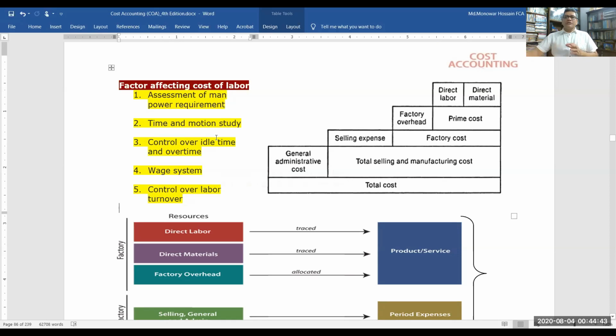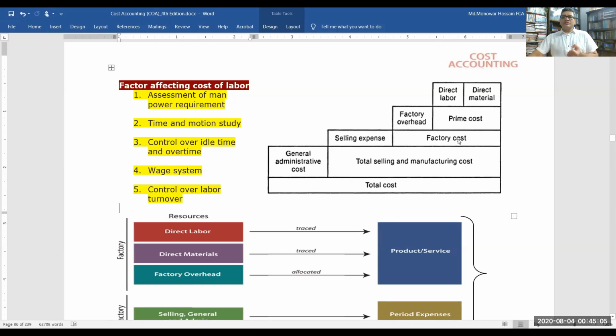And we know here where labor stands. Look here, labor cost and direct material cost are called the prime cost. With this prime cost and factory overhead, we get the factory cost.